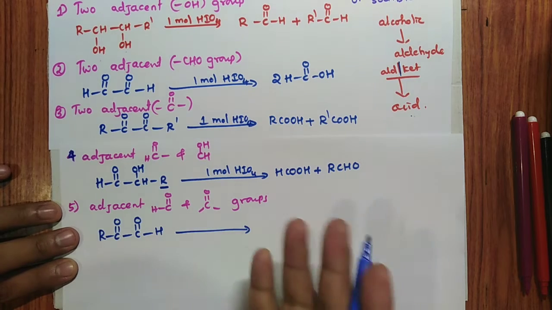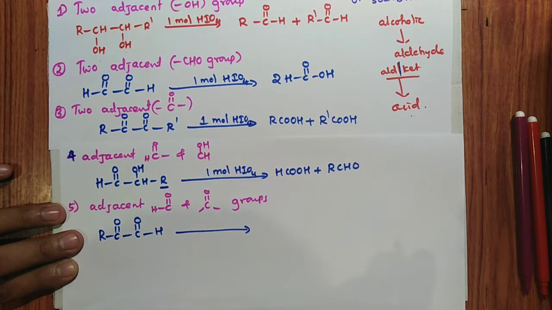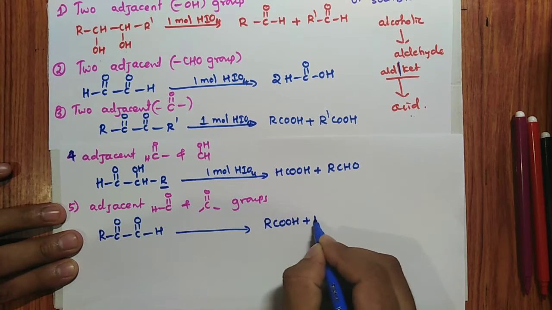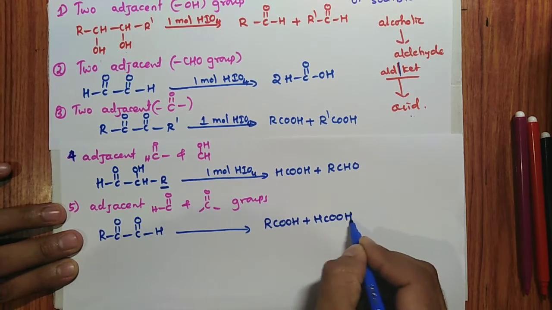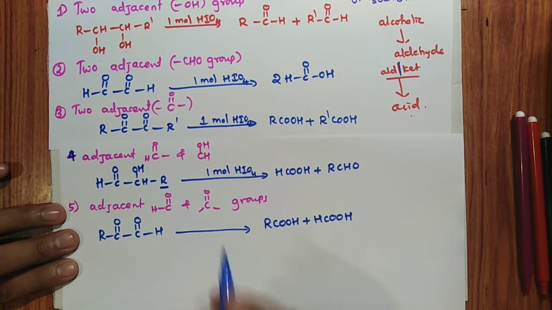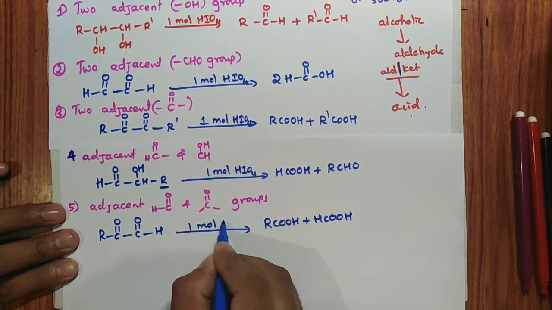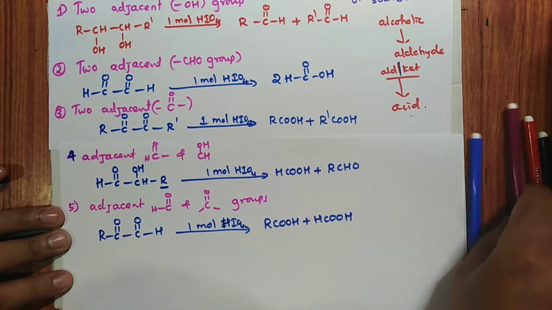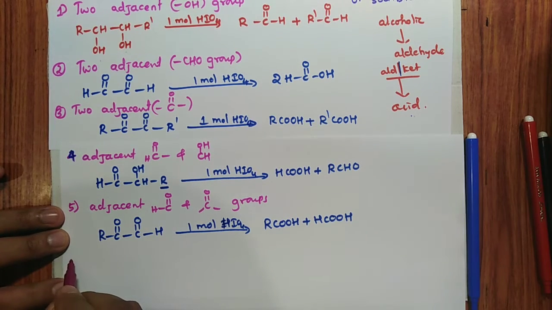Then in both cases it will be converted into acid, remember. So you are going to get RCOOH plus HCOOH. Here one thing you see, HCOOH further will not give rise to CO2 and H2O. This is the final product. Here also it is 1 mole of HIO4.